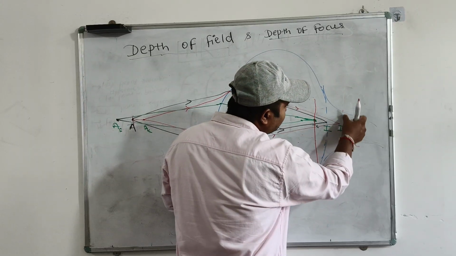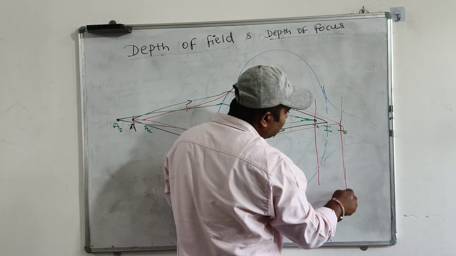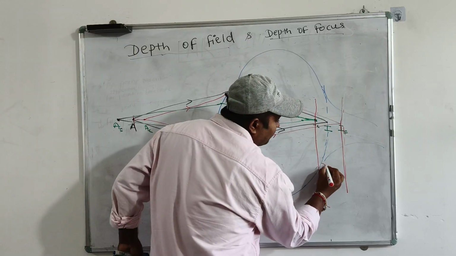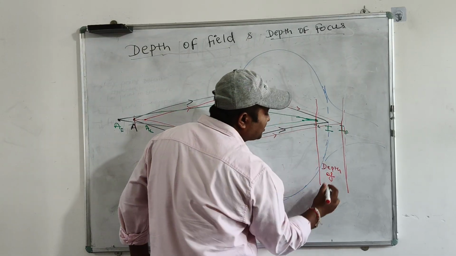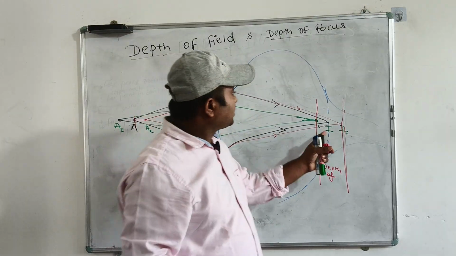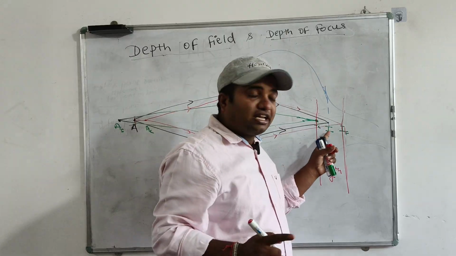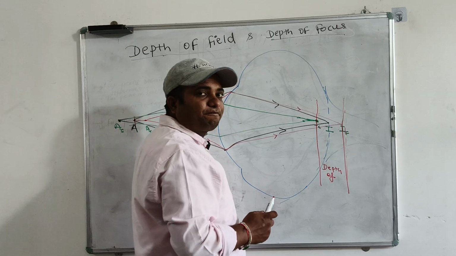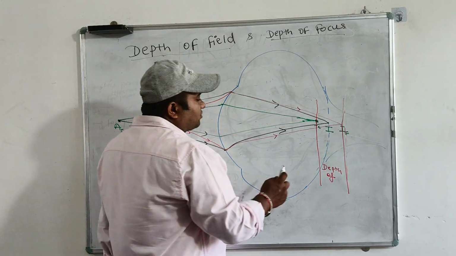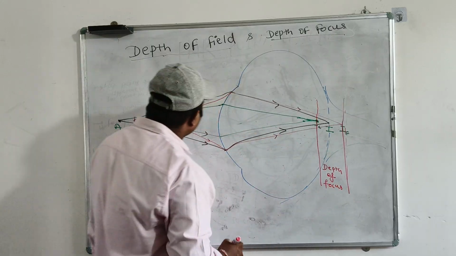This range of distance in image space, where the image is seen clearly when it is focused slightly in front and slightly behind the retina, is known as depth of focus.